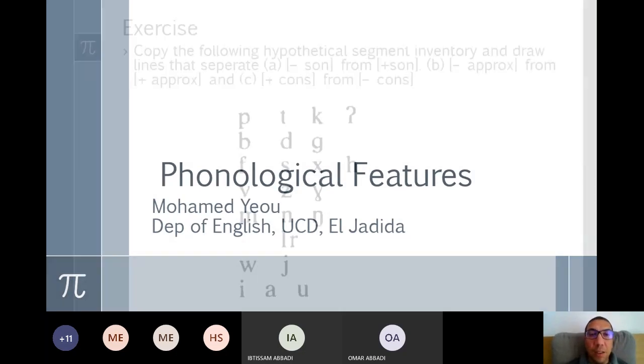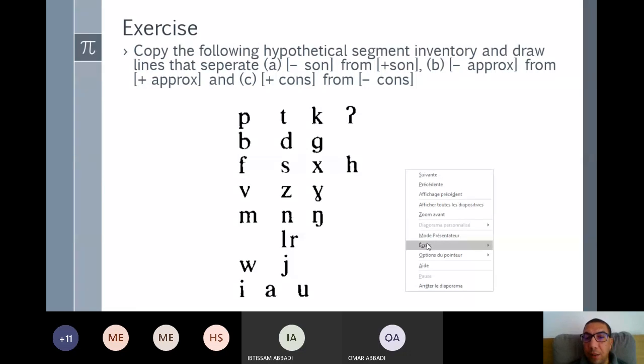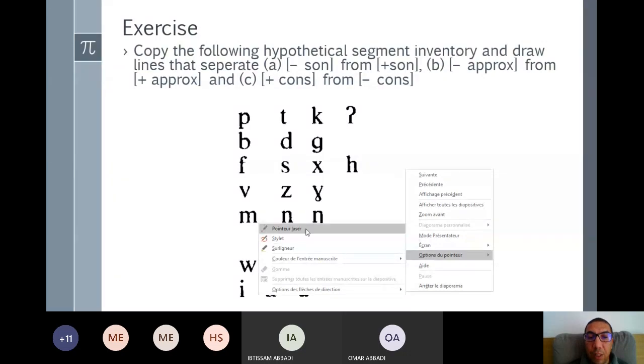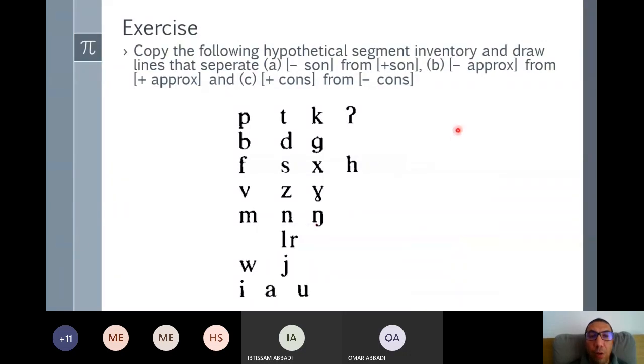The first exercise: take this theoretical segment inventory and try to draw lines that separate the minus sonorant consonants from plus sonorant consonants, and also separate minus approximant from plus approximant consonants, and finally separate consonantal from minus consonantal segments. This exercise was taken from your course pack.